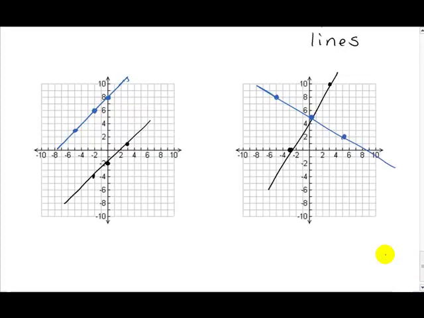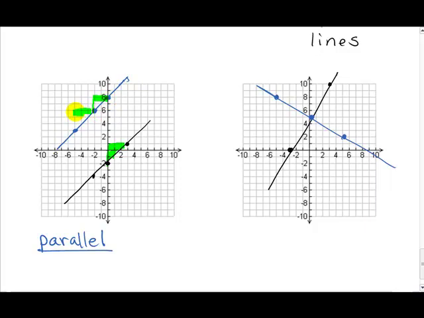Okay, after graphing these, you should notice that these two lines are parallel. And so when you look at them, you want to notice also that their slopes are the same. Go over 2, down 2, down here, 3, 3.